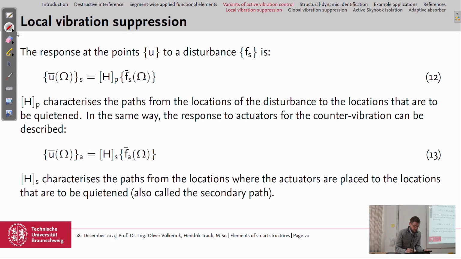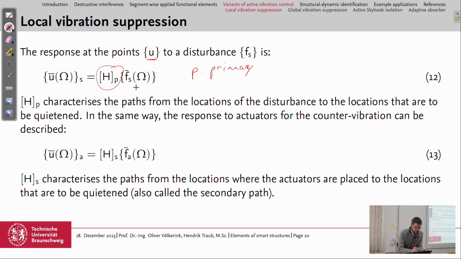So coming back to local vibration suppression again, when we want to calm down more than one point, we can write the deflection u at several points as a vector, and have this transfer function HP as a matrix for the primary path.